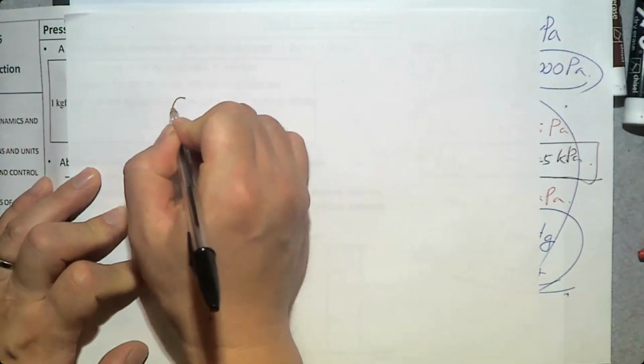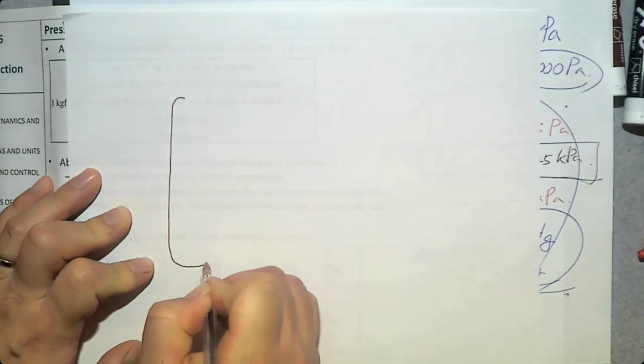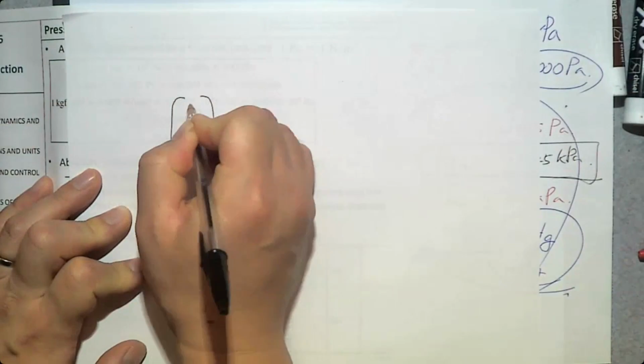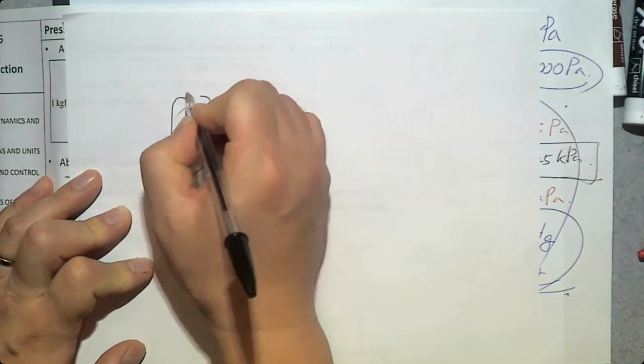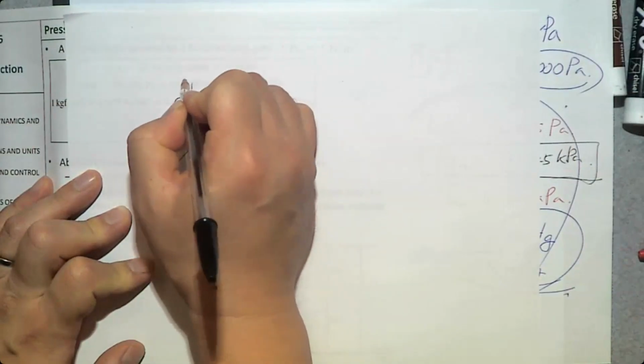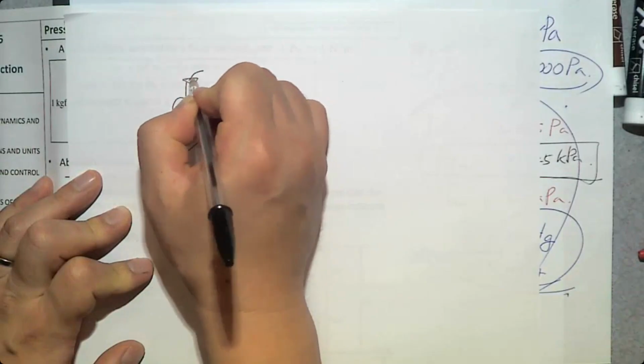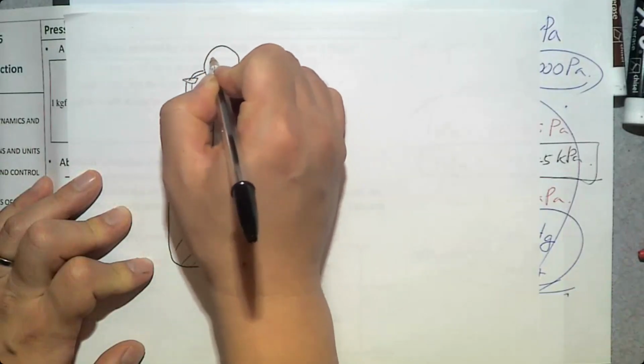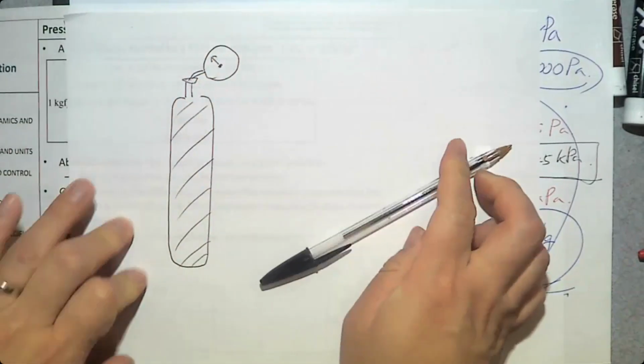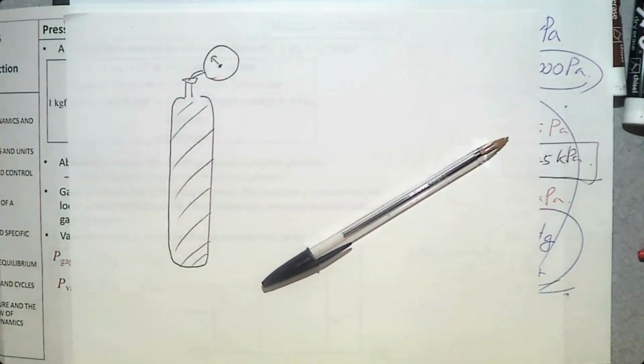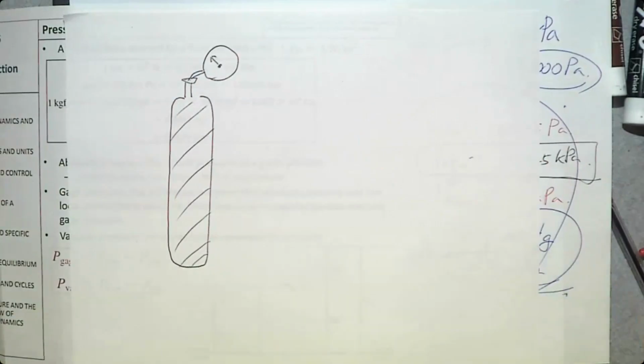You may see many gas tanks, gas cylinders. So let's say there's one chamber, and you may see a gauge like this. It looks like it is measuring pressure inside, right?